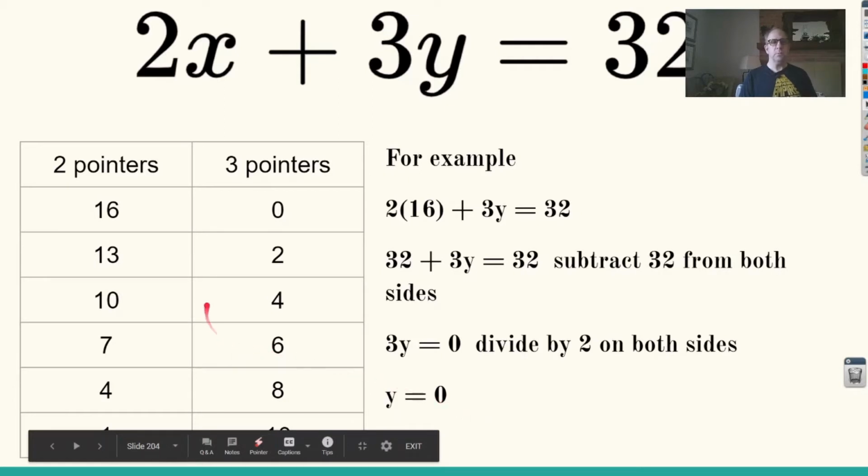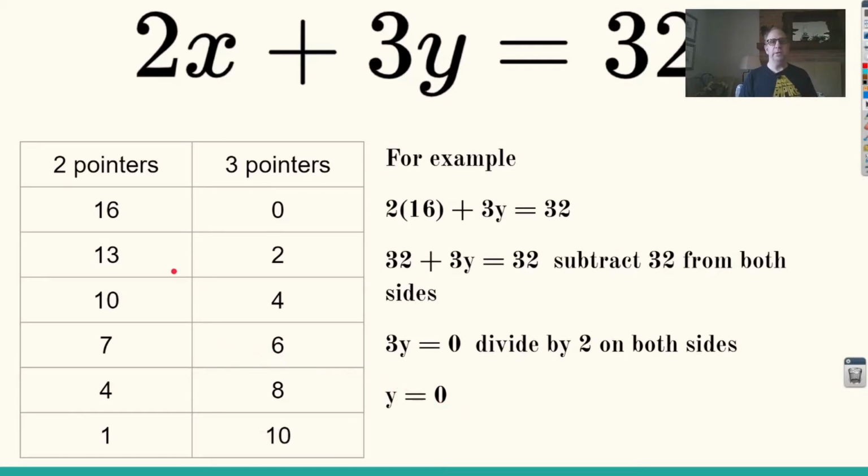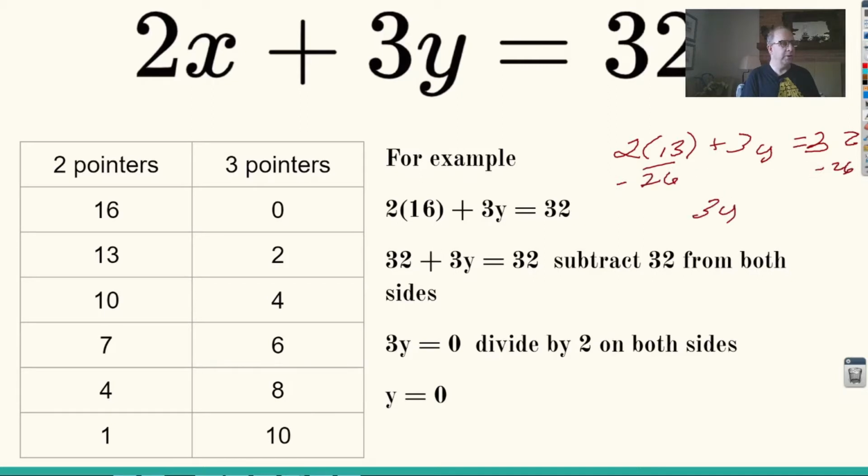Okay? If she did 13 two-pointers, then I could solve the equation again by saying she did 26 points in two-pointers, right? So I'm going to subtract 26 on both sides. So 3 times the number of three-pointers equals 6.